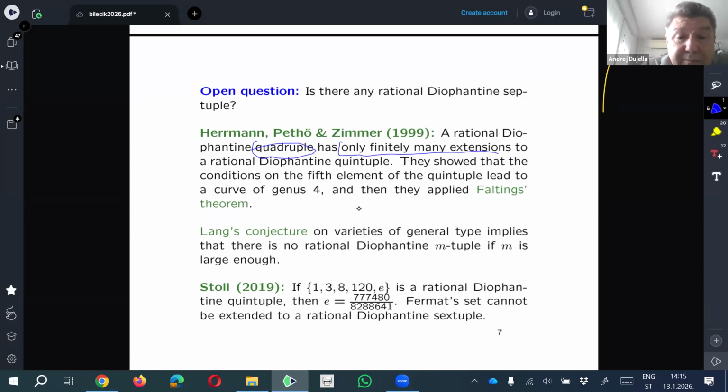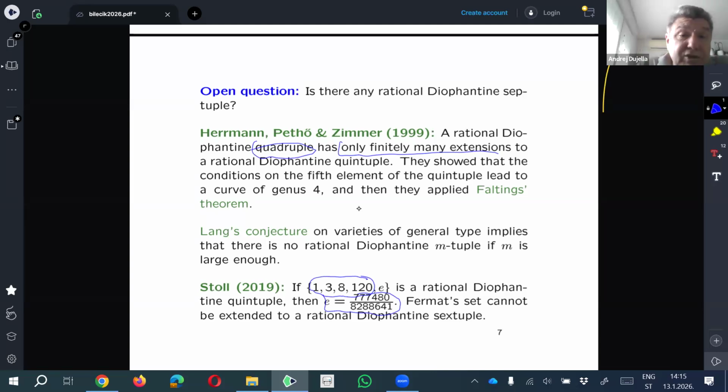As I said, Euler proved that if we start with 1, 3, 8, and 120, then we can extend this Fermat set by a certain rational number, but the question remained whether this extension is unique or not. And Michael Stoll in 2019 proved that, in fact, this extension is unique.